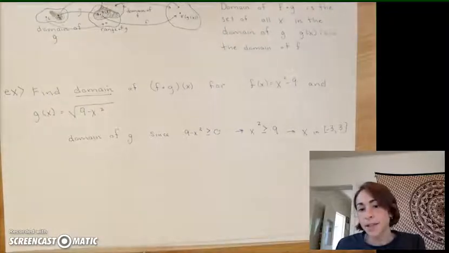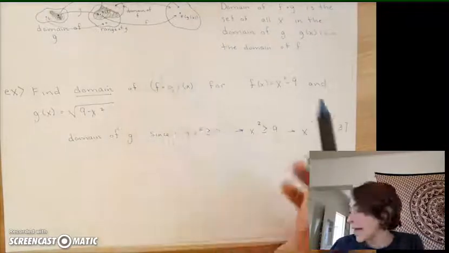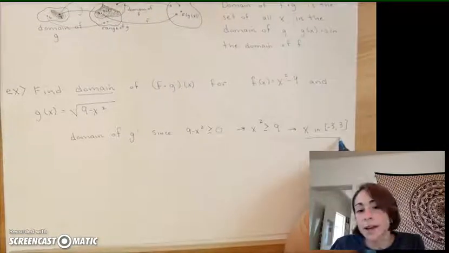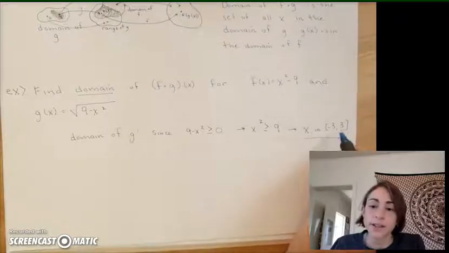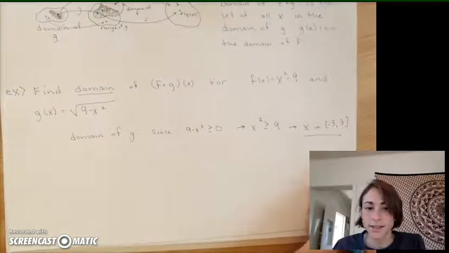So that's the domain of g, which means that the domain of f composed with g cannot be any bigger than this, because I can't plug anything else into g besides these values.